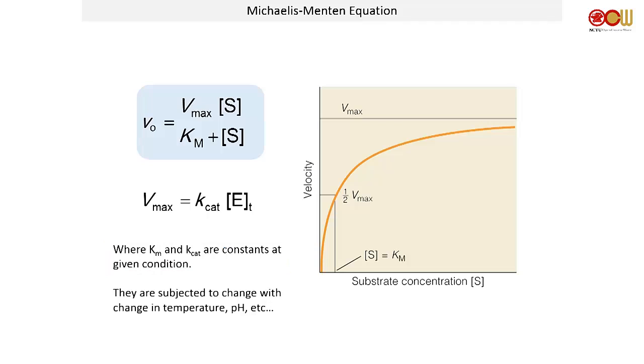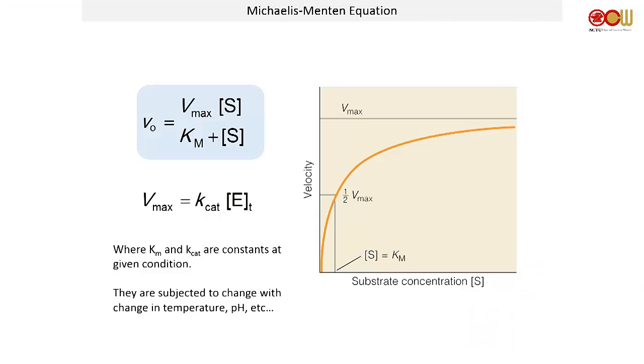Now of course Km and Kcat, even though they're constants, are subject to change depending on the condition of the enzyme, because ultimately this is an enzyme catalyzed process. Last week we talked about how enzymes use acid-base catalysis and electrostatic catalysis.